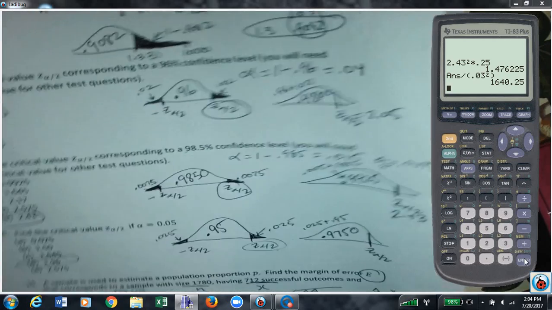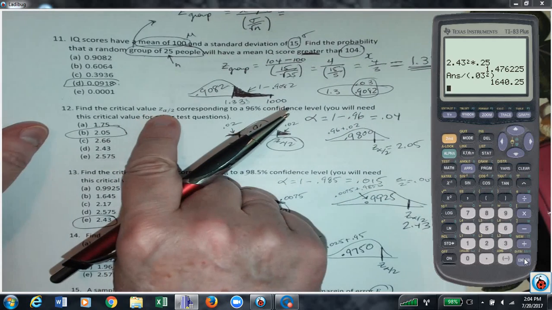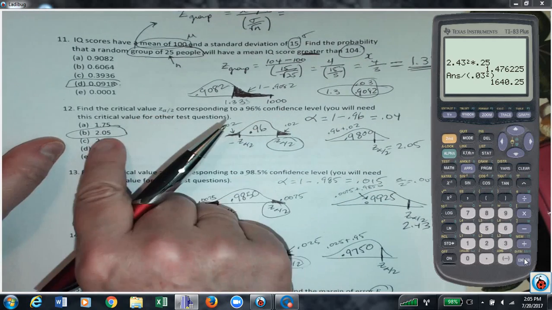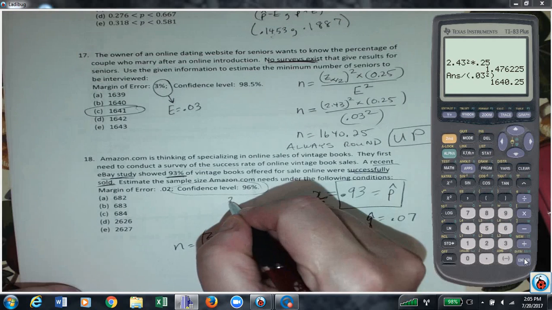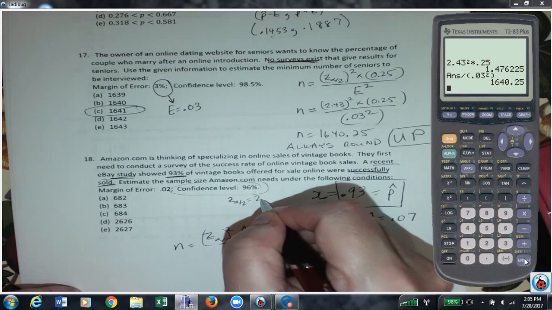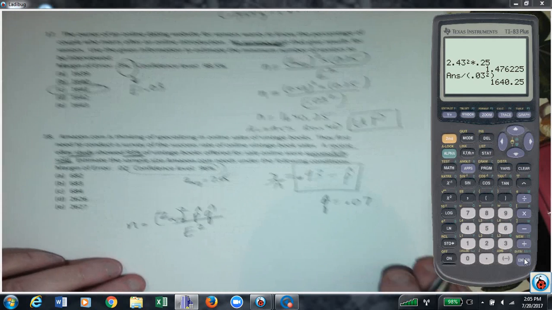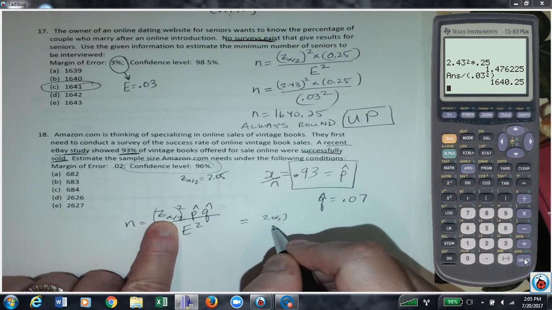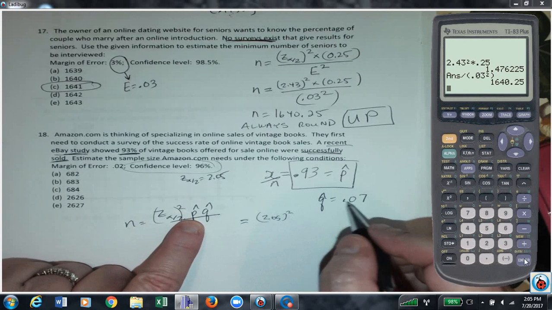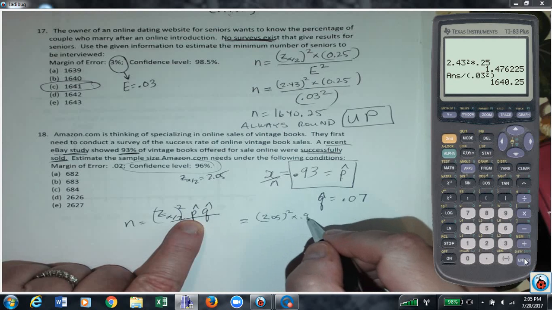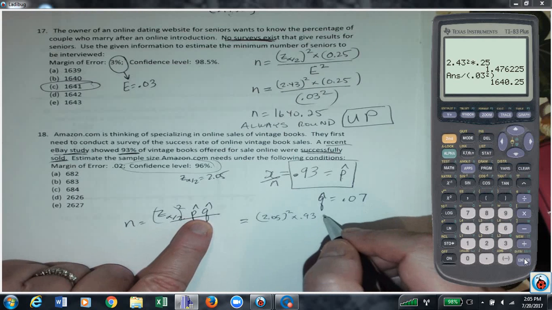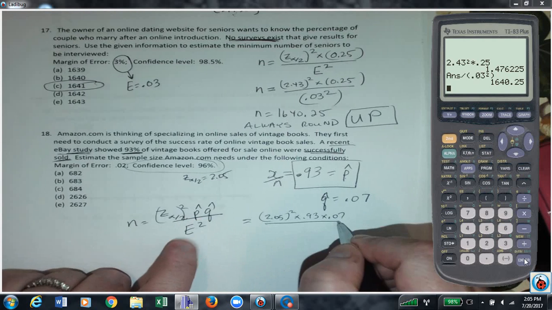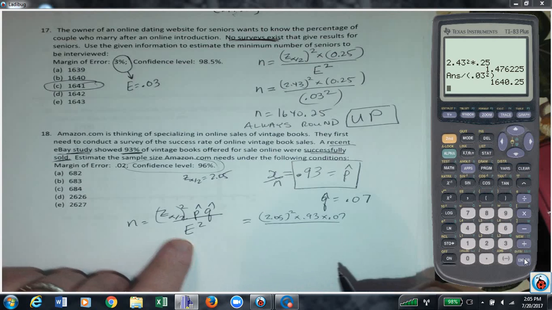From a previous question, the critical value for 96% is 2.05. Okay, so this is going to be 2.05 all squared times p hat times q hat all divided by the margin of error squared.